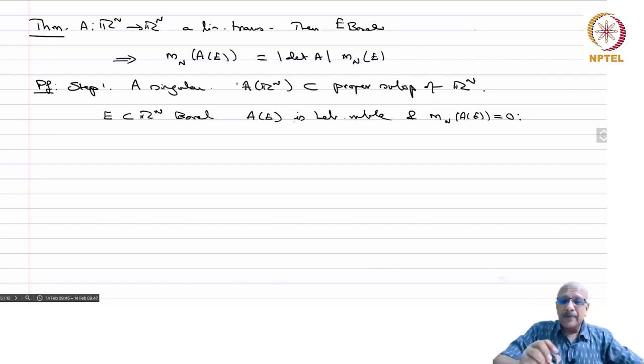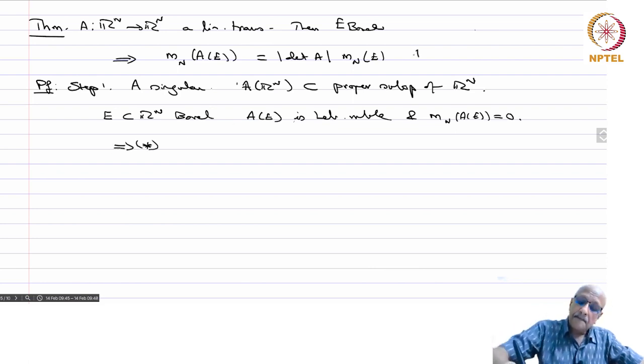Because it is in a proper subspace, we know the measure of a proper subspace, R1 in R2 etc., we did this calculation, is always 0. Therefore star holds, because Mn of AE is 0.